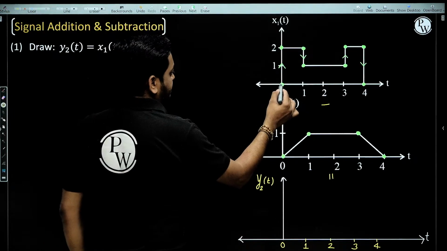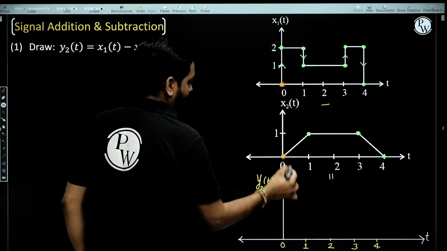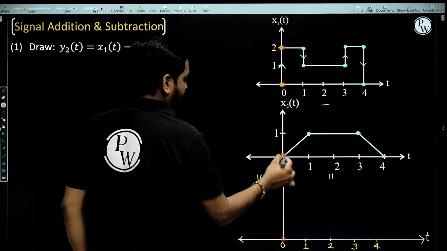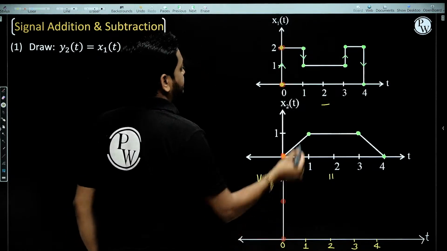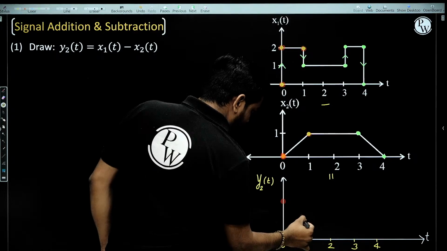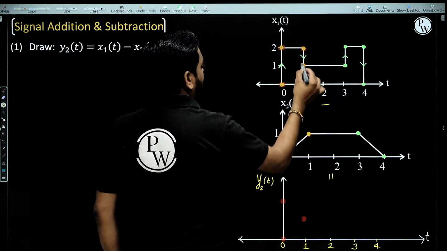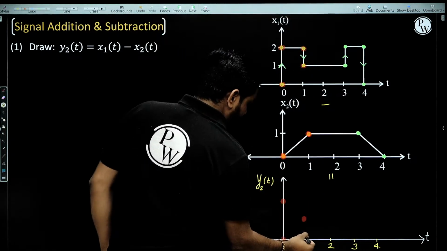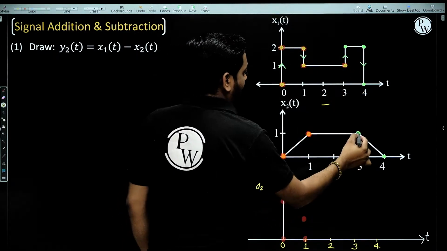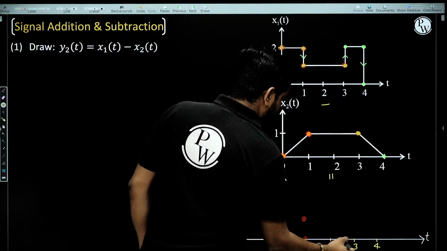Again the same thing, guys, but now subtraction. So this is 0, 0 minus 0, here 0, guys. Then 2 minus 0 is 2, guys. Then 2 minus 1 is equal to 1, then next 1 minus 0 is equal to 1, then 1 minus 1, that is 0.